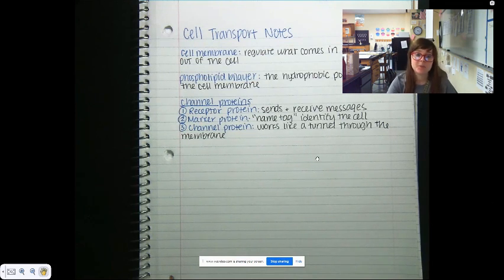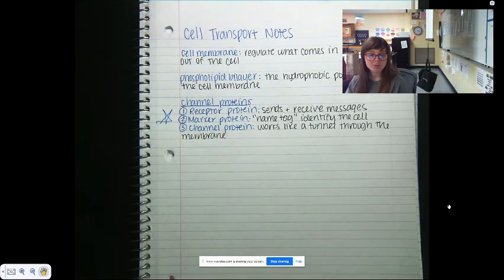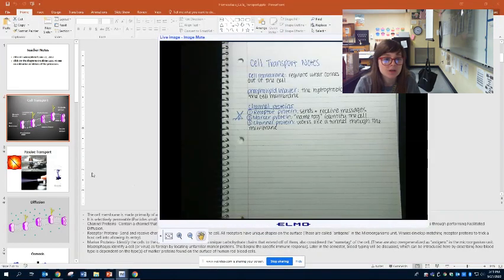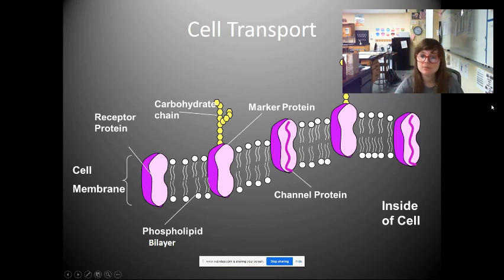And then right here, this is the big deal. If I was taking notes, I might even put a star around this. The channel proteins, the receptor proteins, and the marker proteins. The receptor protein's job is to send and receive messages, the marker proteins identify the cell, and the channel proteins work like a tunnel so that they transport materials. And if you're furiously trying to copy this down, don't worry, we will definitely post a copy of this to Google Classroom, okay? So let's return to our notes.